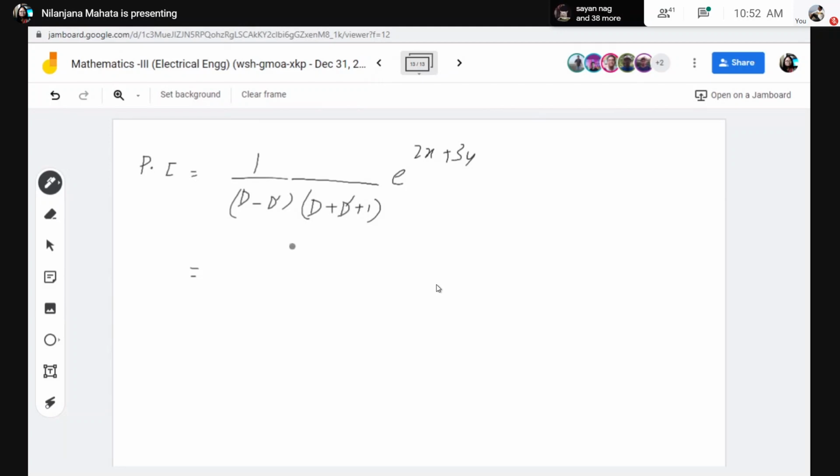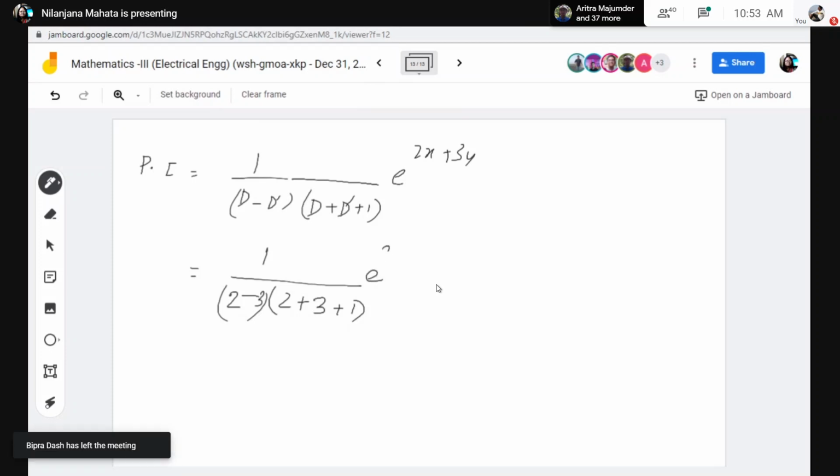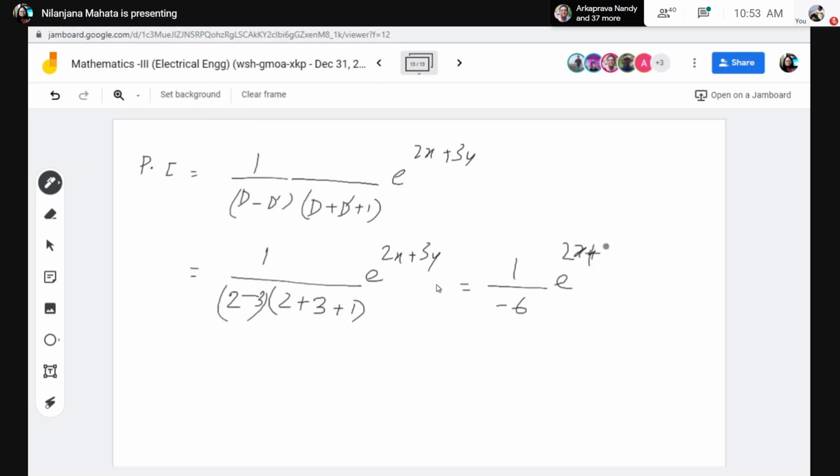So this will be nothing but 1 by (2 minus 3)(2 plus 3 plus 1) e to the power 2x plus 3y. This is nothing but minus 1 by 6 e to the power 2x plus 3y.